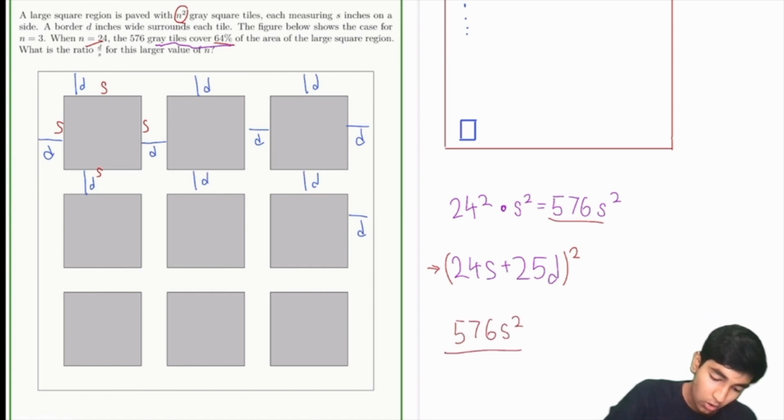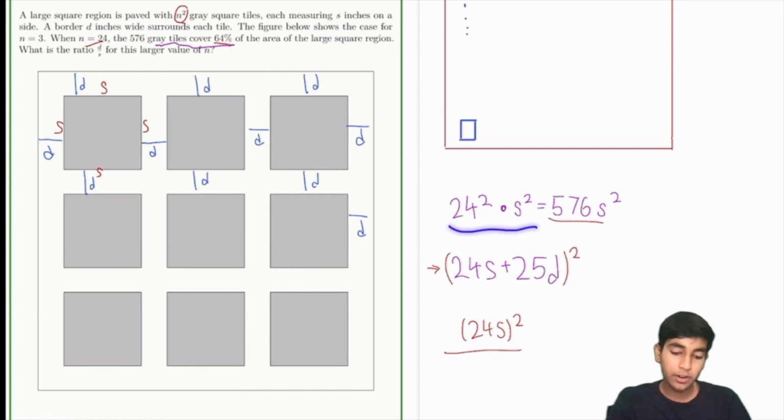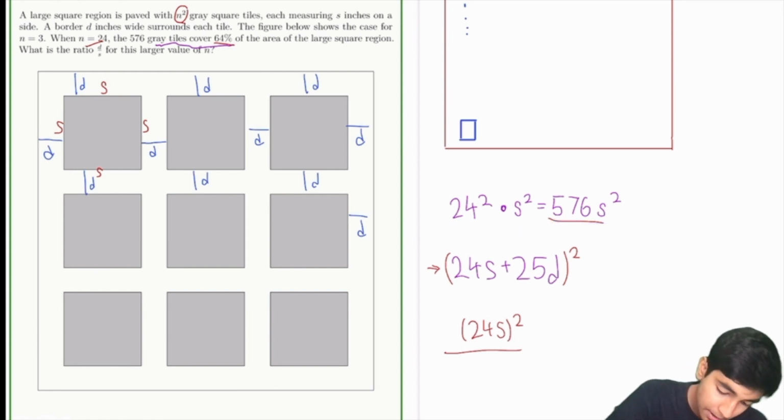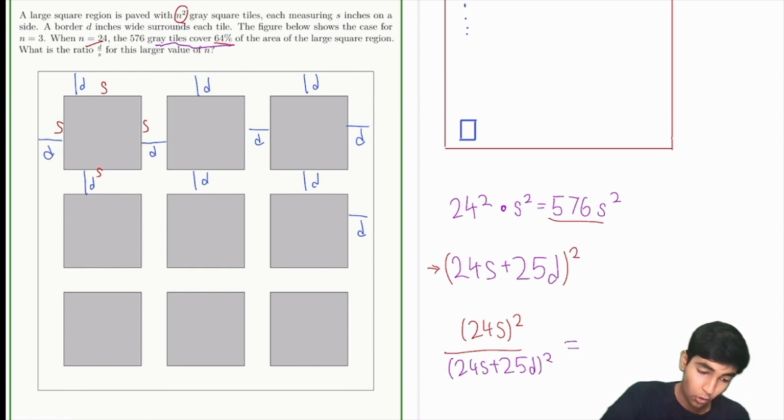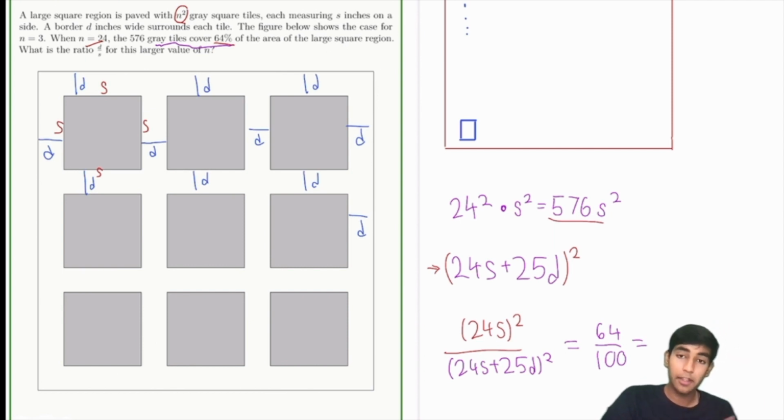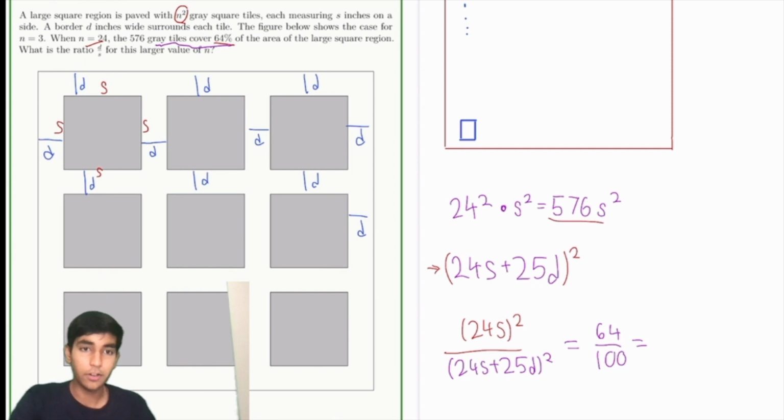It might be better to write it as 24s squared, because this is 24 squared times s squared, and that's going to be divided by 24s plus 25d squared. And this is 64%, which is 64 over 100. And we can simplify this to, let's go to the other side.